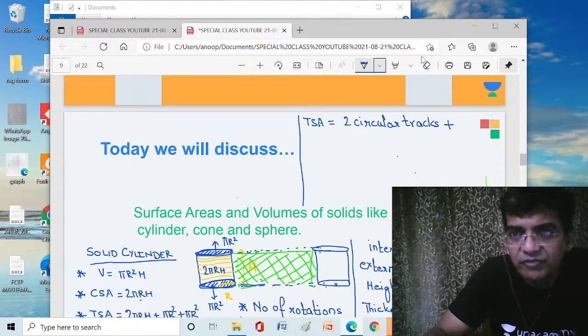So altogether it has four surfaces. Let us write the formula for these.